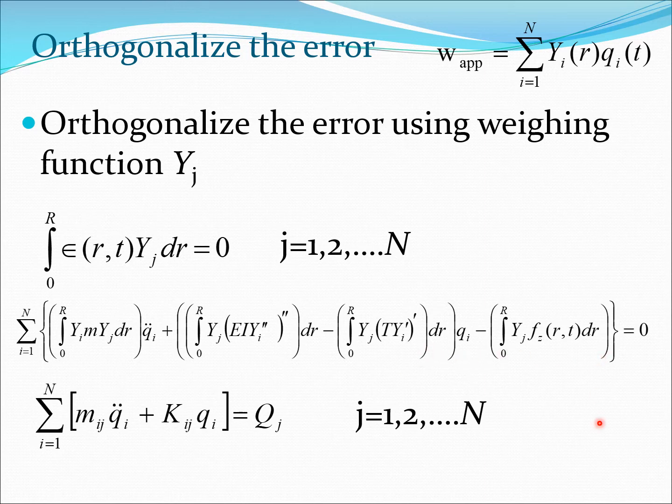Now one of the things which happens is that you have terms which involve q double dot, and then the remaining terms involve q, and of course there is a forcing term which is not dependent on q or q double dot, and that goes to the right hand side. So this equation can be written in terms of a mass matrix, a stiffness matrix and a force vector by collecting the different terms as coefficients of qi double dot, qi, and then on the right hand side.